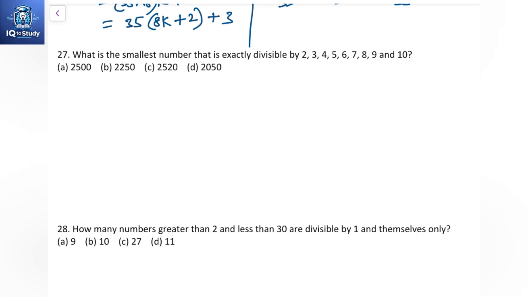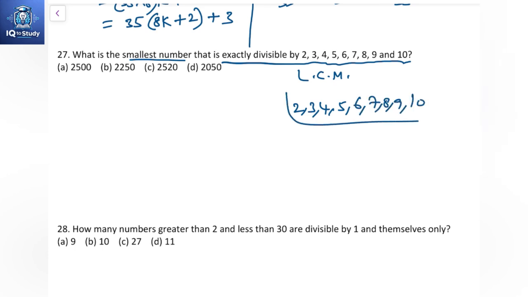What is the smallest number that is exactly divisible by 2, 3, 4, 5, 6, 7, 8, 9 and 10? Let's take the LCM. The LCM of 2, 3, 4, 5, 6, 7, 8, 9 and 10 is equal to 2520.